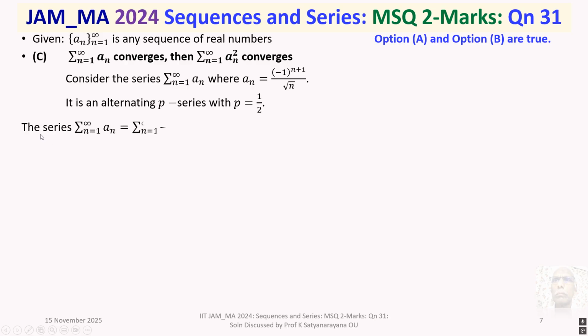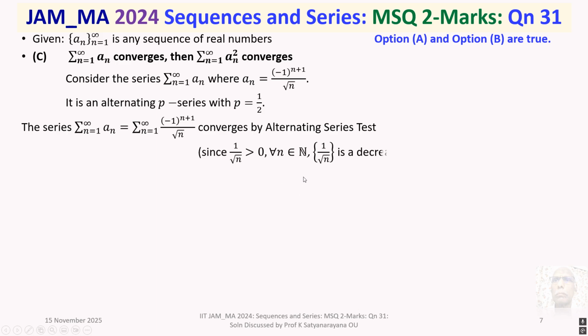The series sigma an, that is sigma of minus 1 to the power of n plus 1 by root n, converges by the alternating series test, the so-called Leibniz test, where each term is positive, 1 by root n is a decreasing sequence, and the limit of 1 by root n is equal to 0.